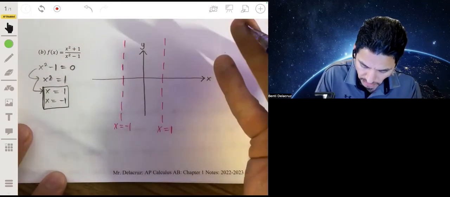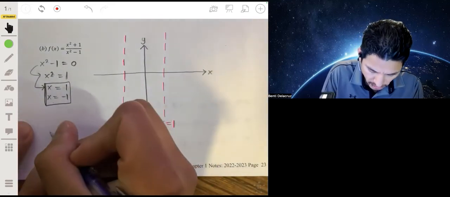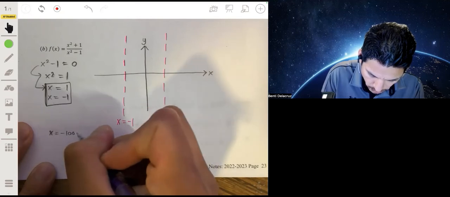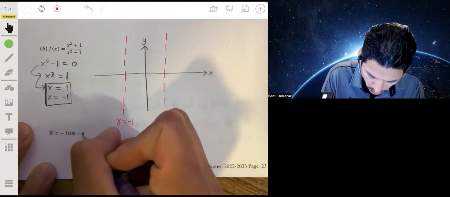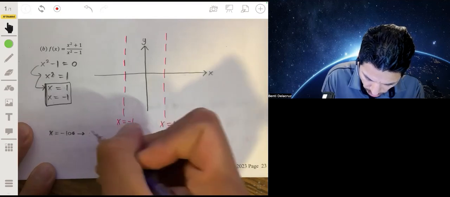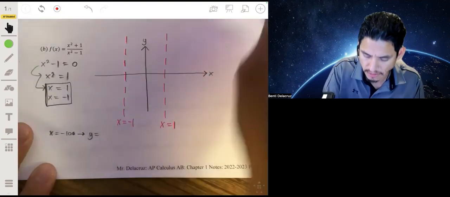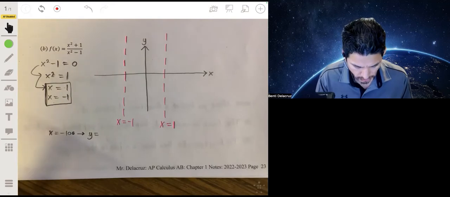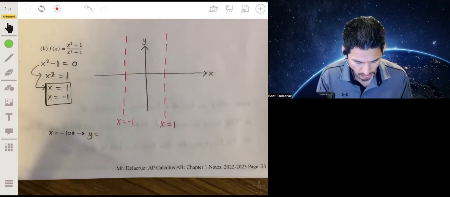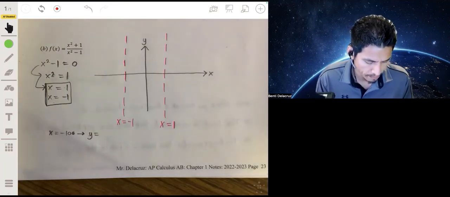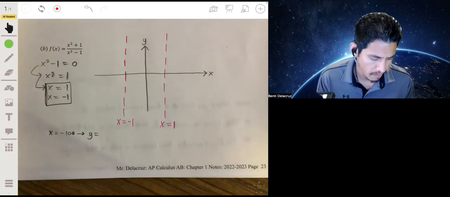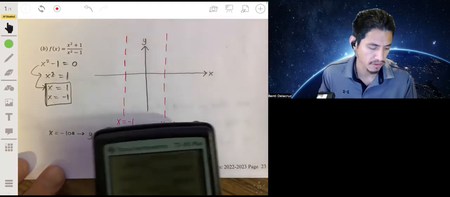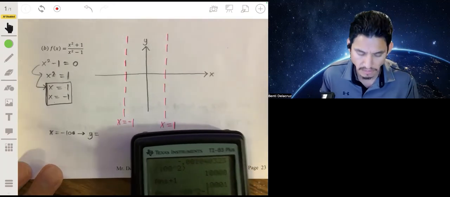If we plug in x equals -100, the value for y would be 100 squared plus 1 divided by 100 squared minus 1, and we actually get a value close to 1, slightly above 1.